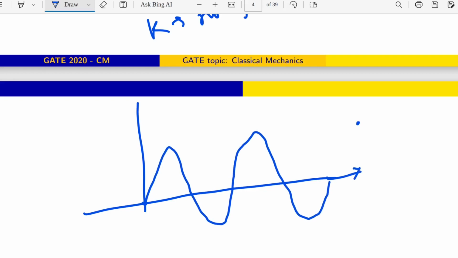Why sinusoidal? This is a sine curve, because if I write x here and y here, then at x equals 0, pi, 2 pi, 3 pi, these points will give a 0 value, and all other points will give a non-zero value, and this will give a maximum value of y at pi by 2 or so.